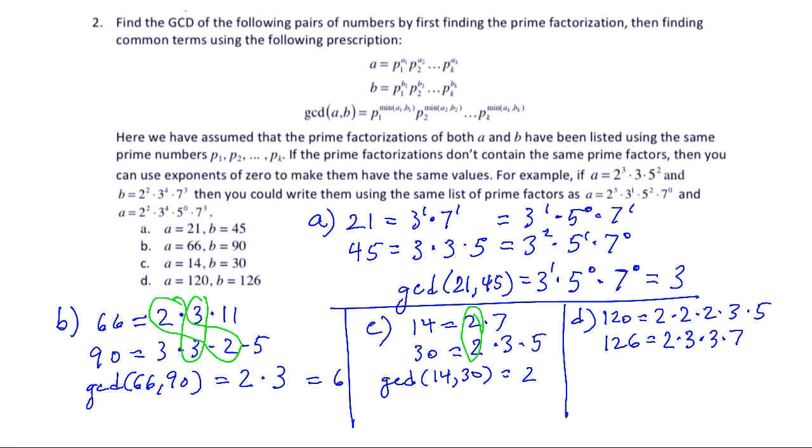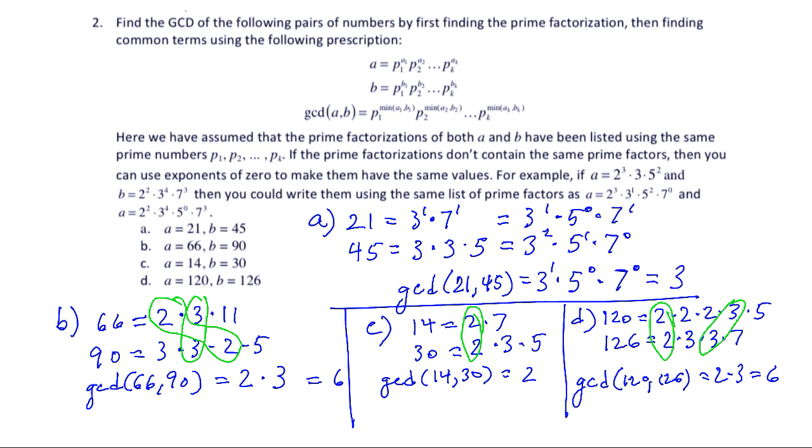If I haven't made any mistakes in all of this. Green pen, and I can circle the 2, and I can circle the 3, but nothing else. And so the GCD of 120 and 126 is 2 times 3, which is 6.